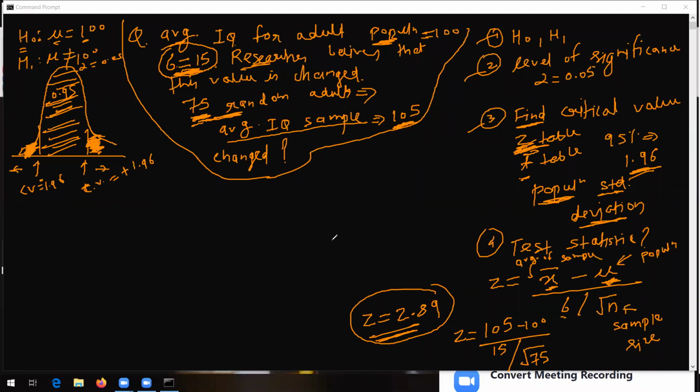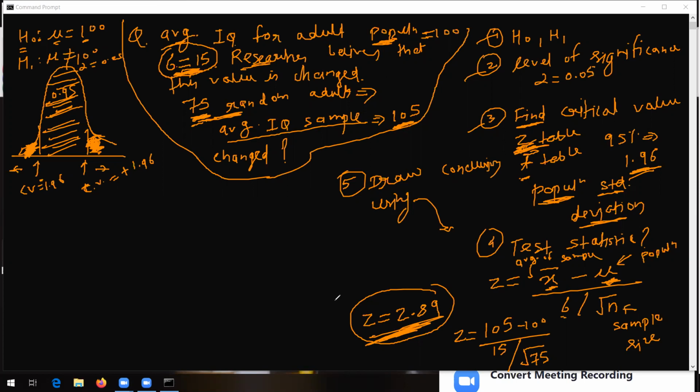Now what will be the fifth step? The fifth step is going to be draw conclusion, using this test statistic. So our test statistic now is Z equal to 2.89.